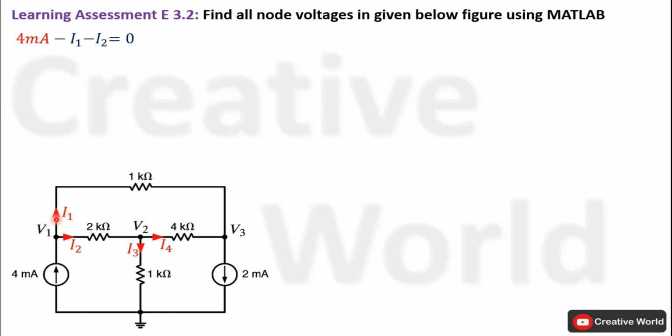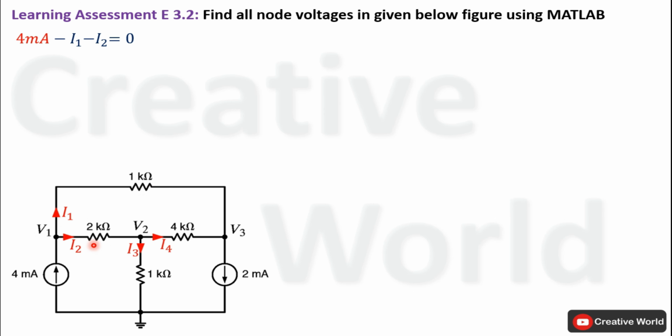Because current is leaving from this node, it means this node will be at a higher potential than this node. And the voltage across this 1 kΩ resistance will be equal to the difference of these two node voltages. So we can say that the current through this 1 kΩ resistance, that is I1, will be equal to the difference of these two voltages divided by the value of the resistance, V1 minus V3 divided by 1 kΩ.